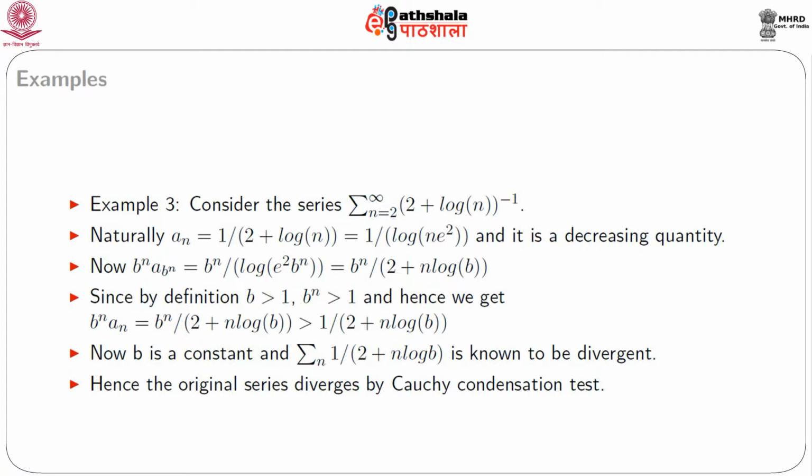Since by definition b is greater than 1, b to the power n is also greater than 1, and hence b to the power n times a at b to the power n, which is b to the power n divided by (2 plus n log b), exceeds 1 by (2 plus n log b). Now, b is a constant and the summation of 1 by (2 plus n log b) is known to be divergent.